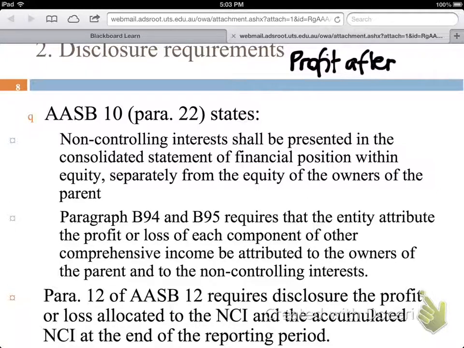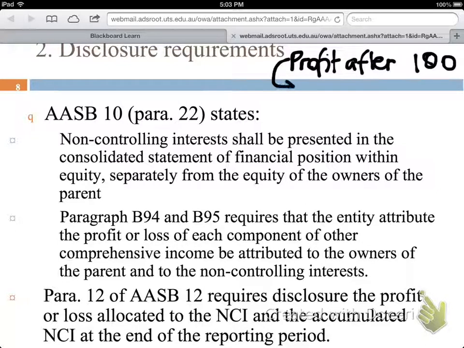Okay, you can just add the tax. I don't have space here. Let me see. What you're required to do, so let's say the profit after tax is $100.